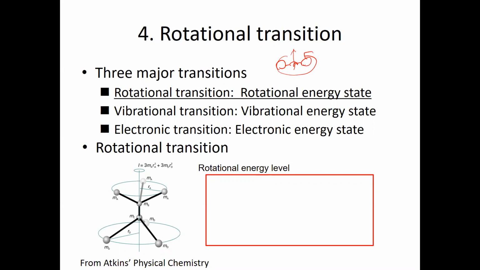Depending on the rotation state, this molecule has different rotational energy. For example, if this one is rotating at omega, and then there's another state of 2 omega, so faster rotation, they have different energy. So that's what we are going to think about.